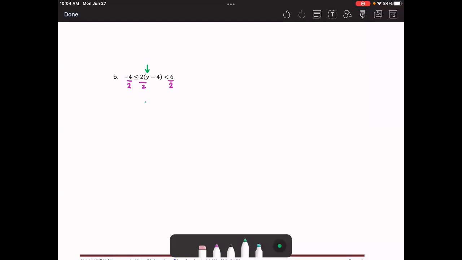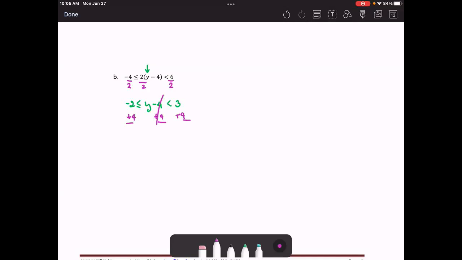Then the expression becomes y minus 4 in the middle, the left number is negative 2, and the right number is 3. In the next step, we're going to add 4 in all three parts of the compound inequality.